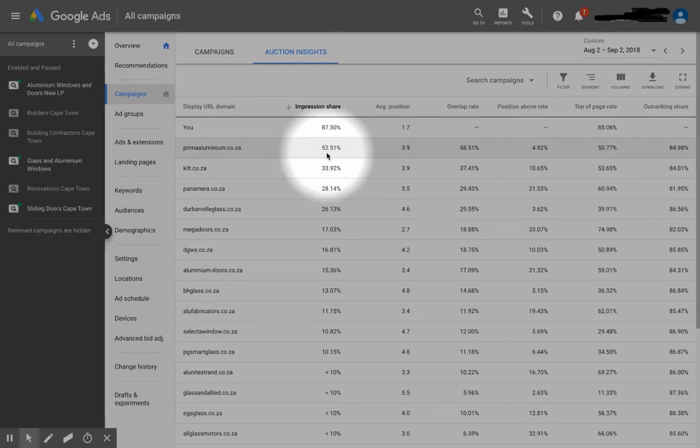And these are real companies, and Google are telling us, this is their platform. They're saying primal aluminium is shown half the time. There you go. Kilt 33.92% of the time, and it goes down. Megadoors 17.03% of the time. So you can see, I mean, we are just really ahead of the competition and completely on another level to them.